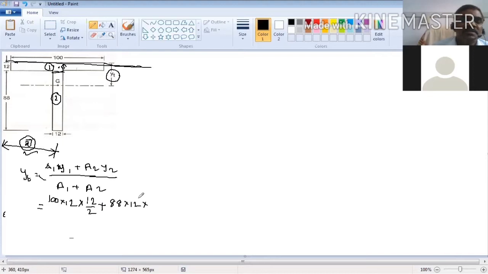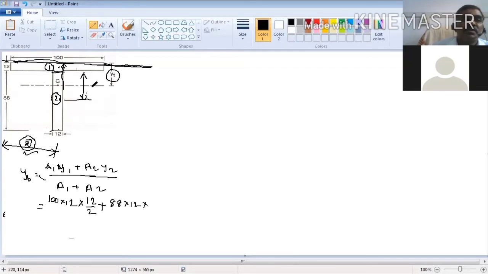What about the y distance? Always we are taking this axis, y2. This area is totally 88, and it is symmetrical about the x axis and y axis, so the center will be here. What will be the distance? This will be 44.